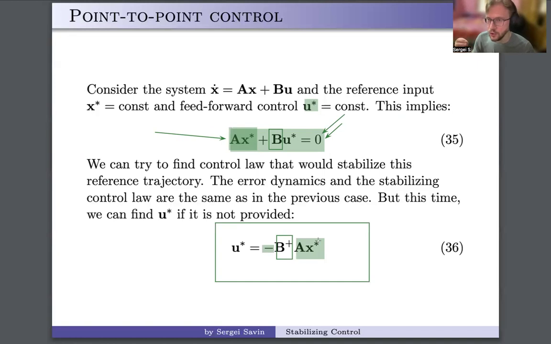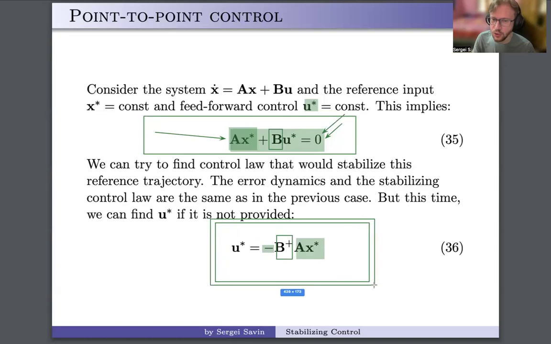So if you want to stabilize a particular point in the state space, not the origin, what you need to do is to just consider this problem and make sure that there exists such u star that makes equation 35 into equality. That is all.